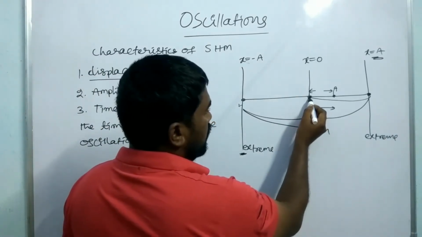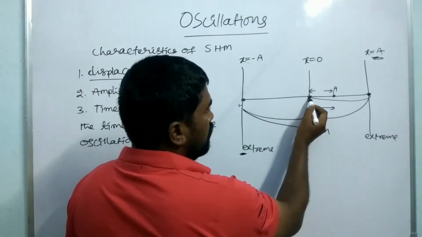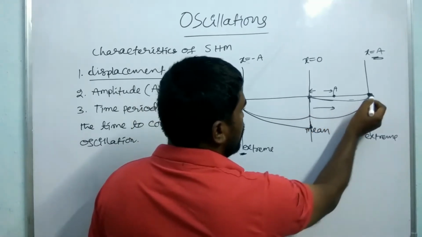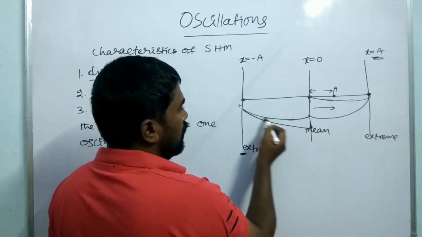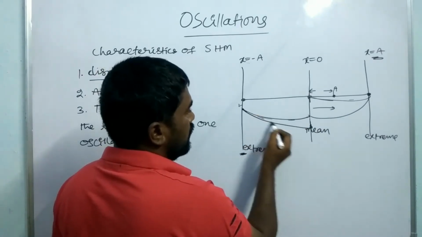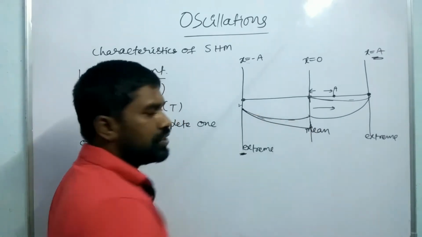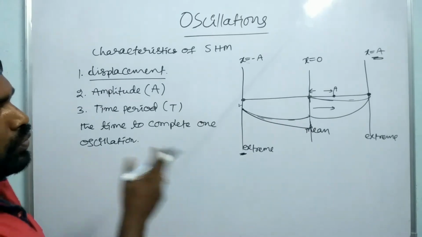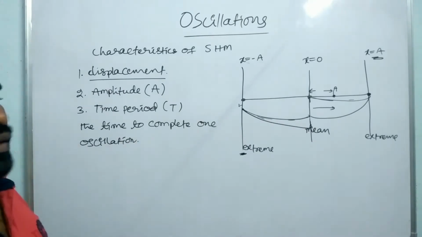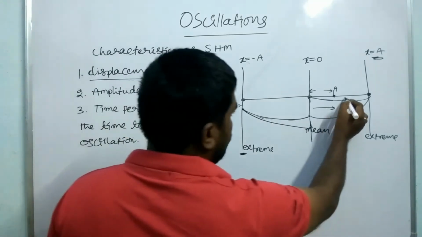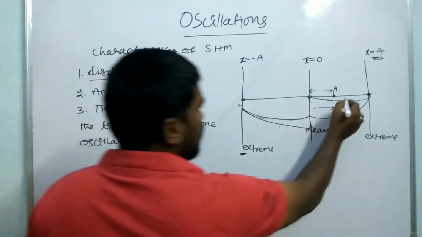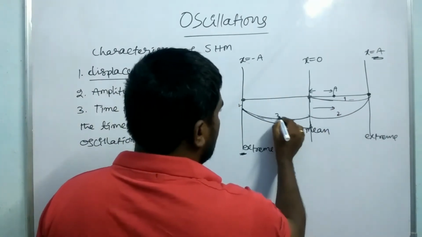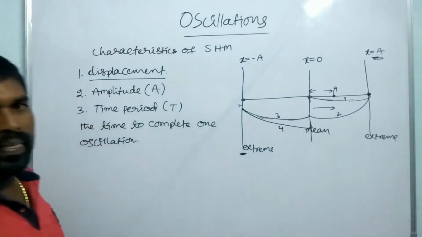So here two extremes are covered in 4 quadrants. This is 1, this is 2, this is 3 and this is 4.